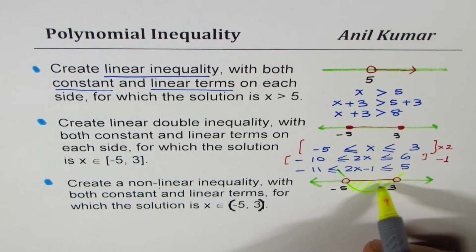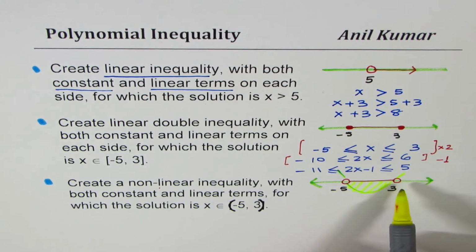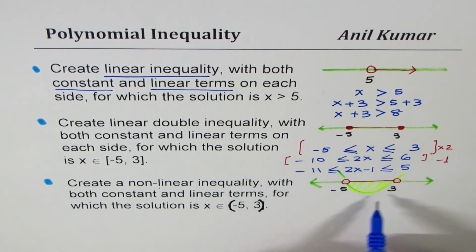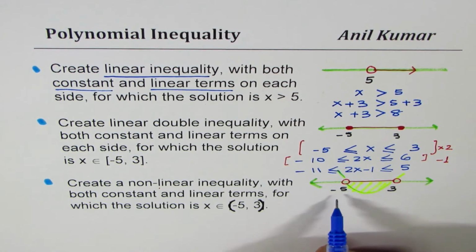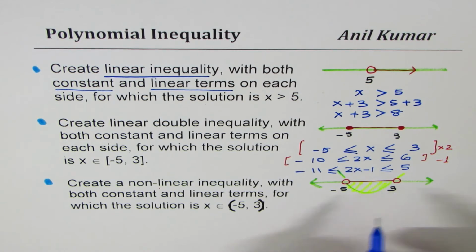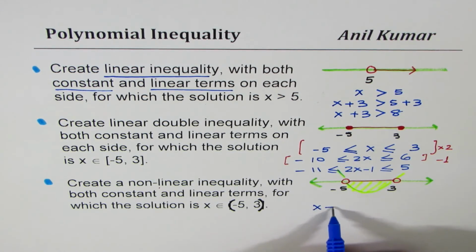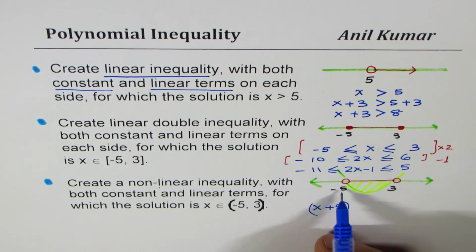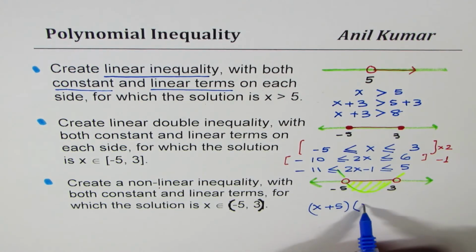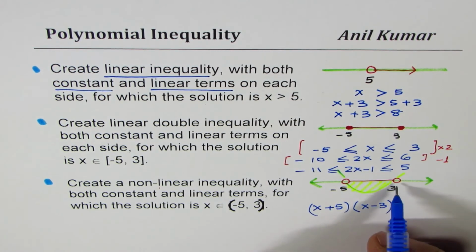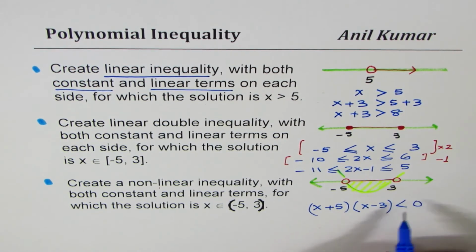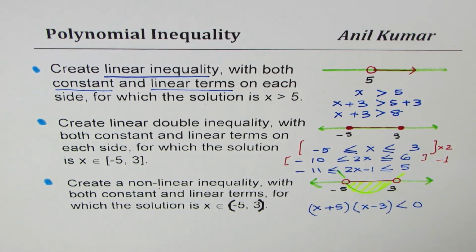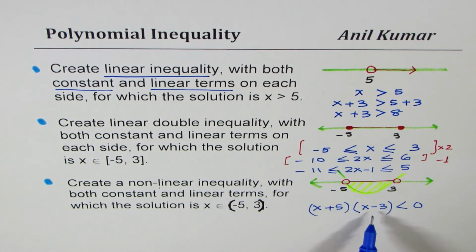I'm looking for this parabola to be less than 0 between these 2 points, right? And therefore, I could write a factored form of this parabola, with zeros at minus 5 and 3. So I can say x plus 5, this factor will give me 0 here, times x minus 3, which is 0 at the other point. And we want negative values, less than 0, not included. So that could be your answer.